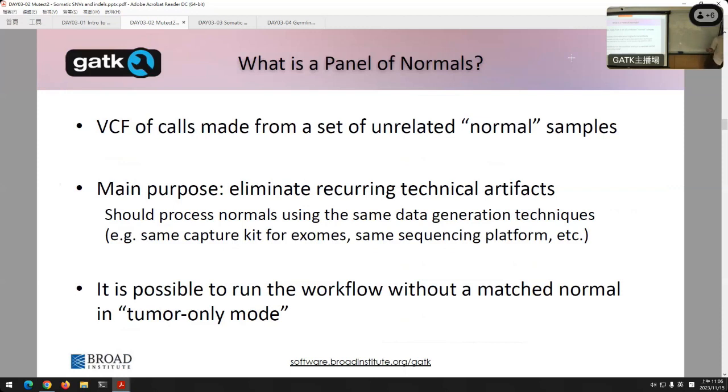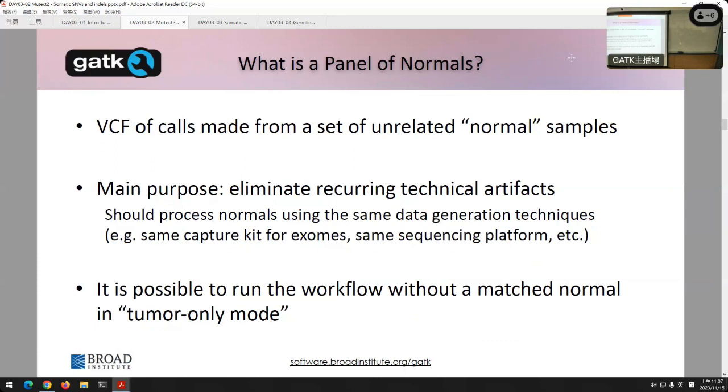Because it's unlikely that a series of randomly chosen individuals are also going to just so happen to have a mutation at that same spot where you see it in your somatic cells. So having unrelated people go through your pipeline is one of the ways we can identify what might be artifacts from the process you're using. Remember, we're focusing very heavily on reducing our false positives, so any additional information like that is helpful.